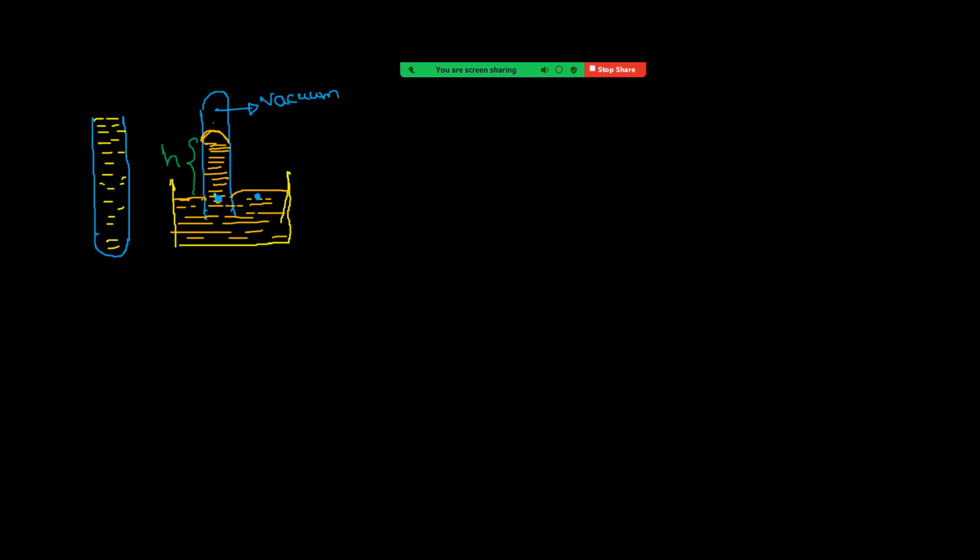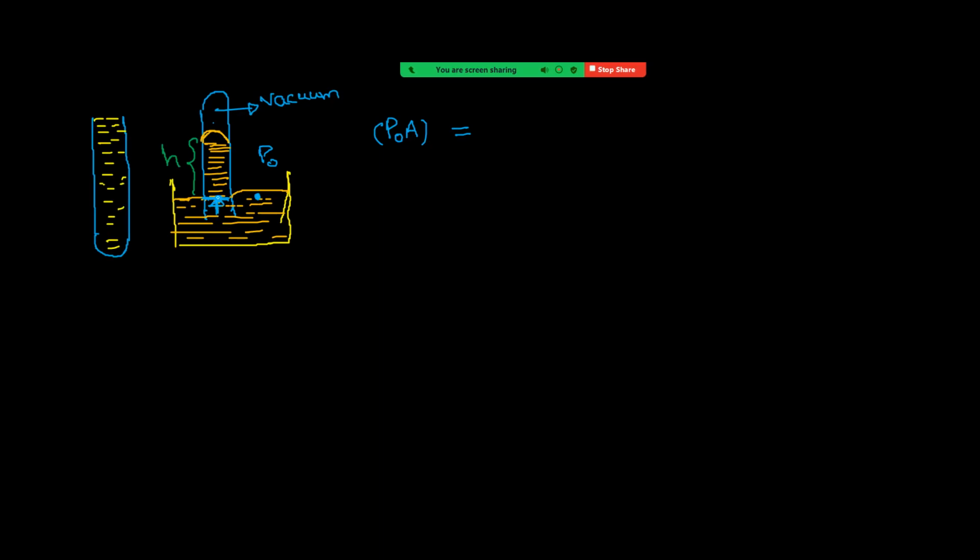So now we have to focus. Its weight must be balanced by force by this part of the mercury. On this part of mercury, force must be upwards. And that force is able to balance weight of this part of mercury. See how to calculate. If this pressure is P naught, pressure of atmosphere, at this point also pressure equal to P naught, then force equal to P naught into A. This force is acting at the bottom.